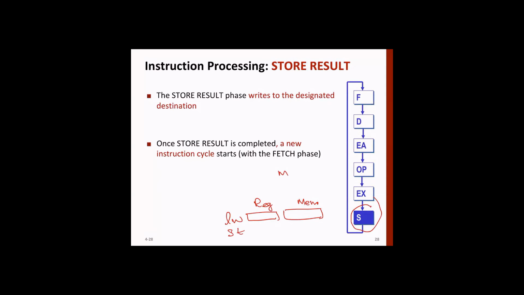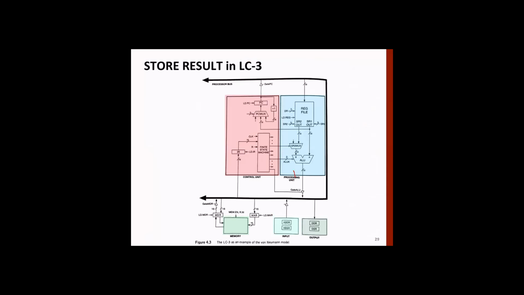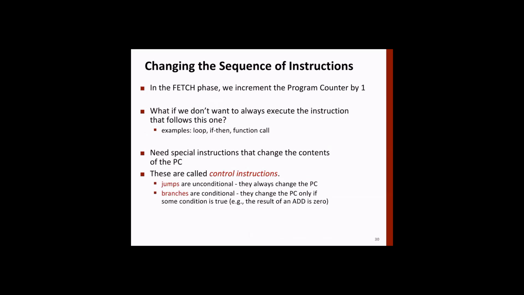MDR contains the data. From now, in this step, the data will move from MDR to a particular register. So it's very simple, right? This data is available here, and that will go to a register file. Okay, so this completes the execution of the instruction.